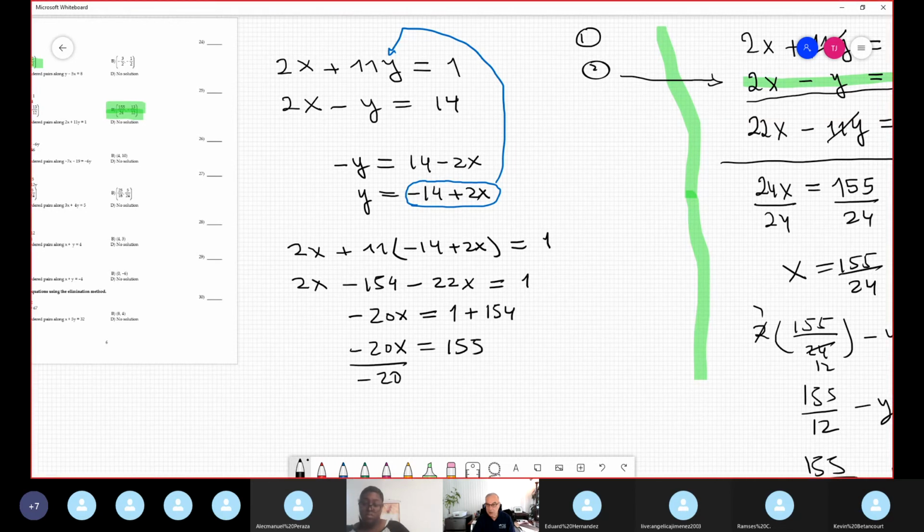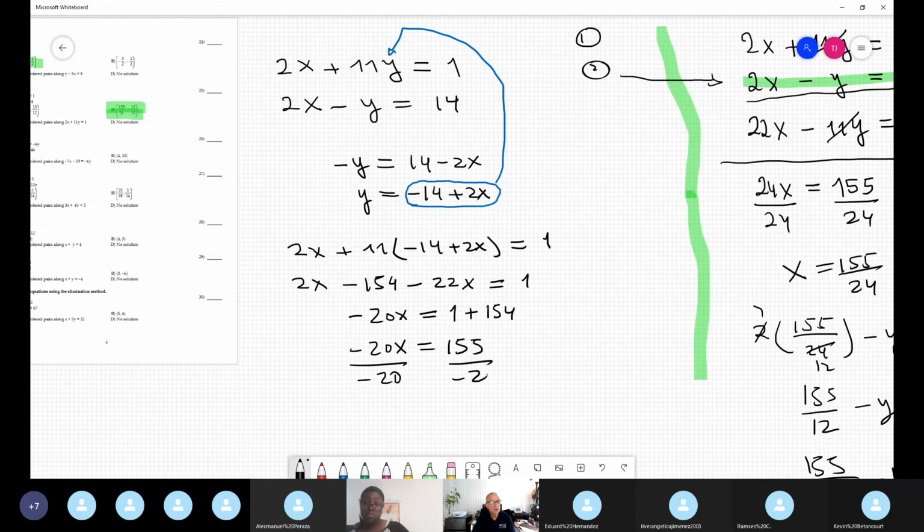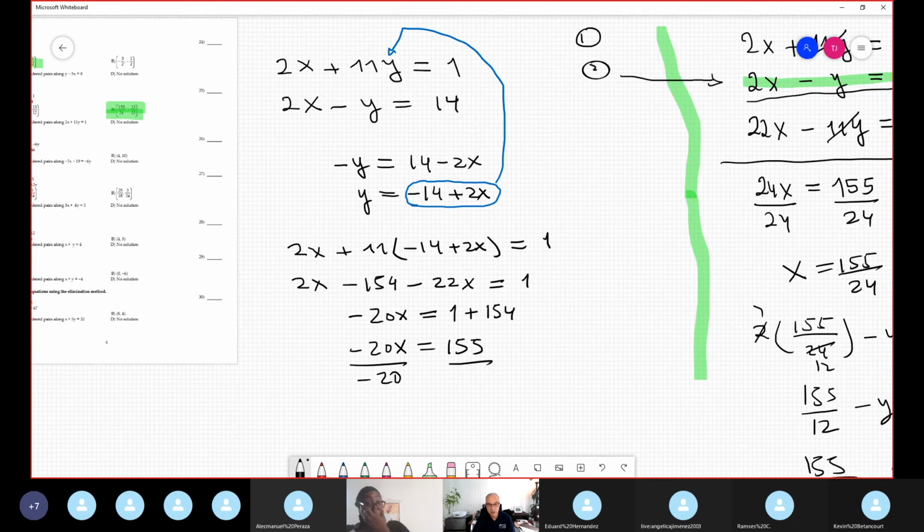Divided by minus 20, both sides. 20 or 24? Wait. Now this is positive, because positive and positive is 2. So 24. Okay. This is 1.